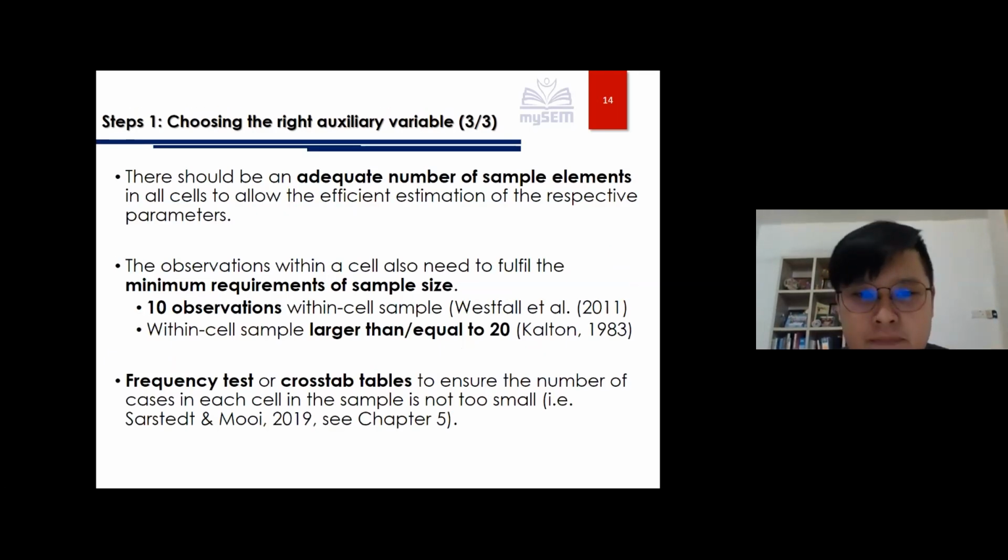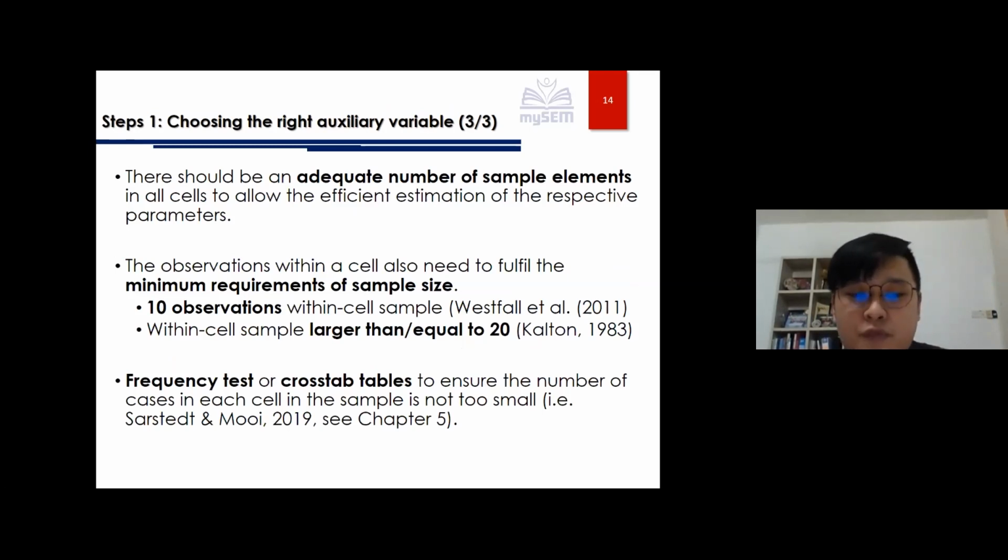The other rule of thumb is regarding sample size. When you do this weighted PLS, the first criterion is you need to learn the basic fundamentals of frequency tests or cross-tab tables that you can easily perform in your SPSS, Stata, or Excel software.